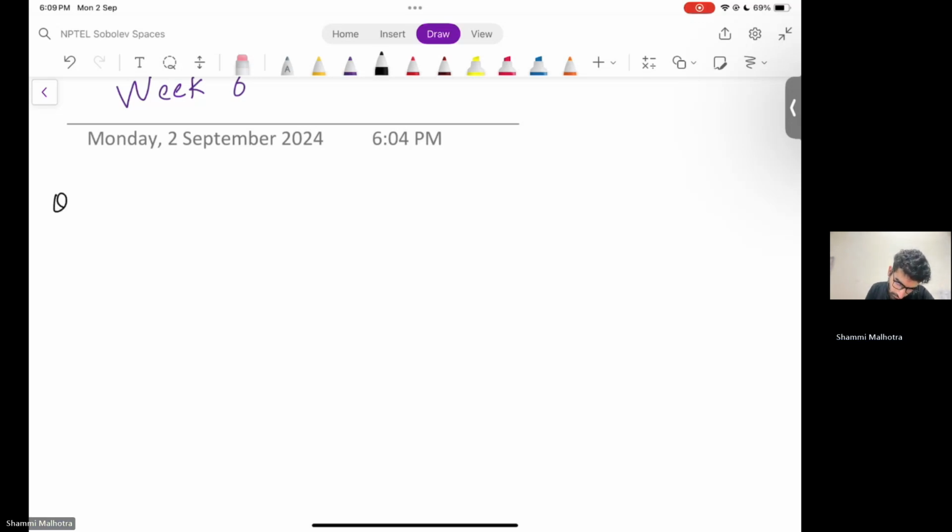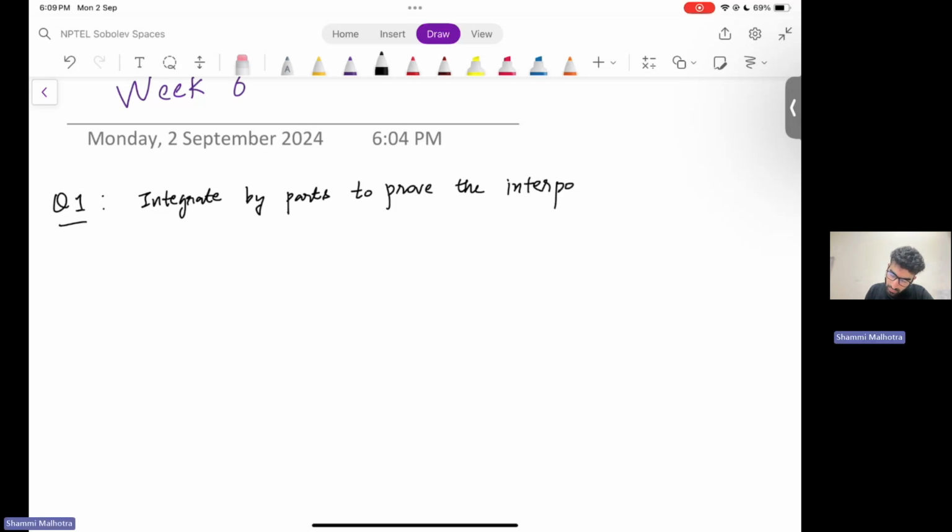So in that spirit, let's start our problem session. The first problem is: integrate by parts to prove the interpolation inequality. And what is that interpolation inequality?